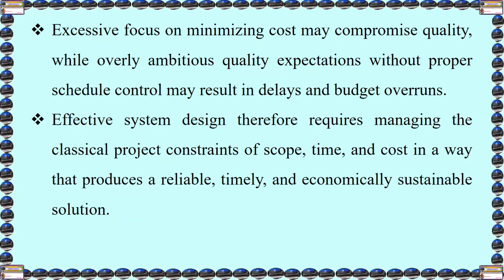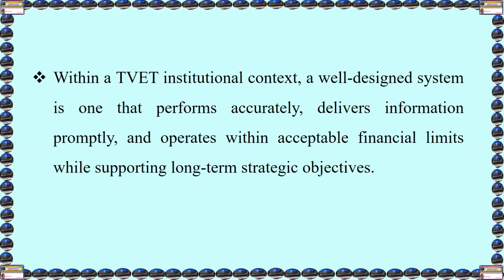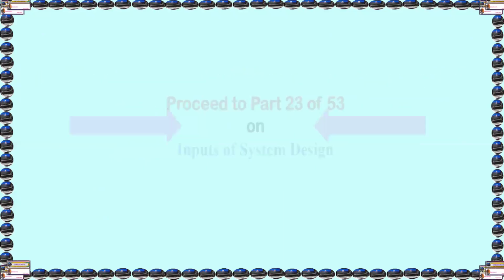Therefore, effective system design requires managing the classical project constraints of scope, time, and cost in a way that produces a reliable, timely, and economically sustainable solution. Within a TVET institutional context, a well-designed system is one that performs accurately, delivers information promptly, and operates within acceptable financial limits while supporting long-term strategic objectives.